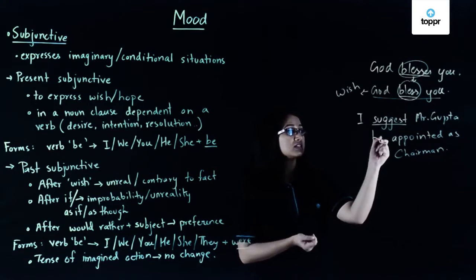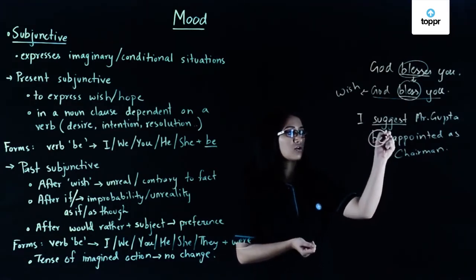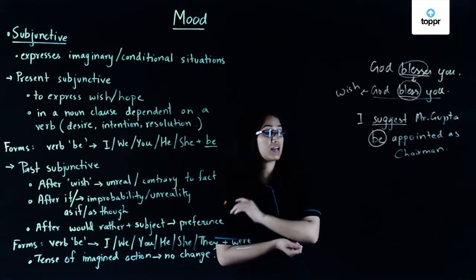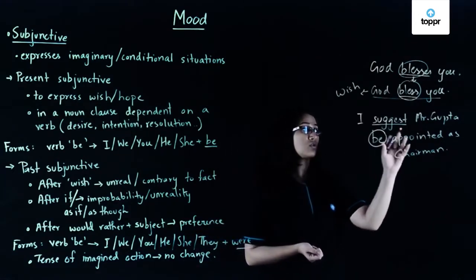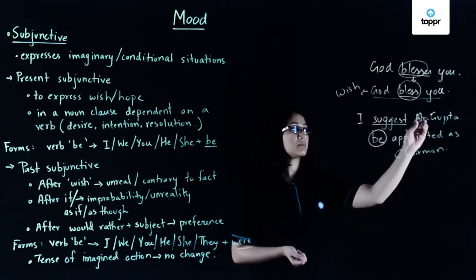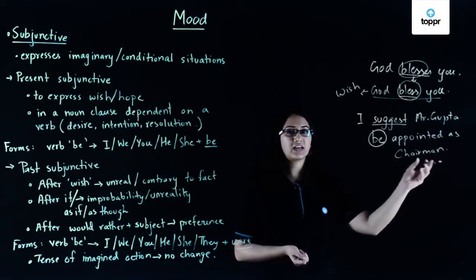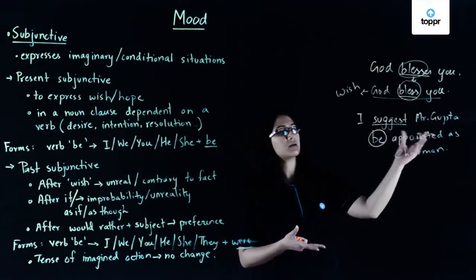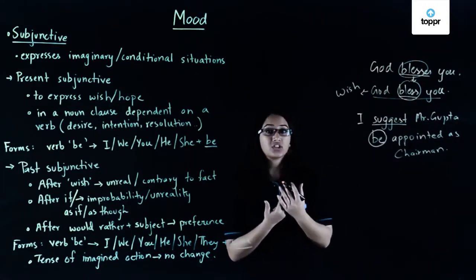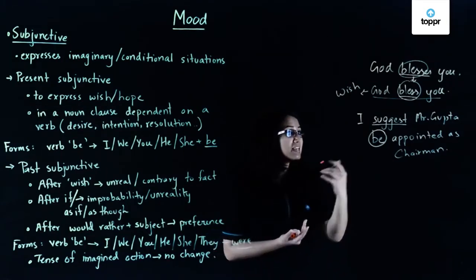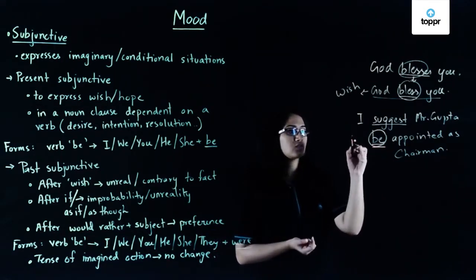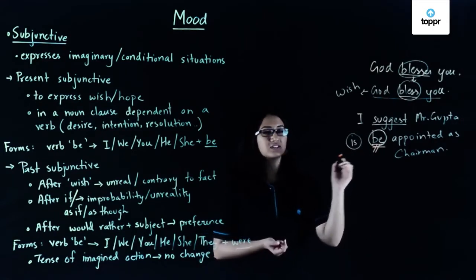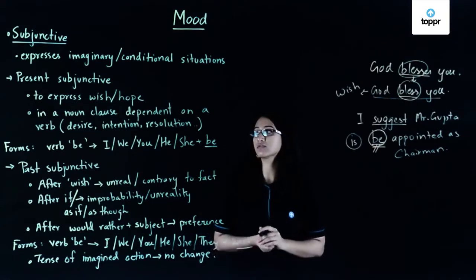So here, instead of using another form of the verb be, I have used the base form of the verb be, and I have not changed it, even though I could say I want Mr. Gupta to be appointed as the chairman, or I hoped that Mr. Gupta would be appointed as the chairman. I suggest Mr. Gupta be appointed. Rather than using a word like is, we use the verb be. Therefore, this sentence is in the subjunctive mood.